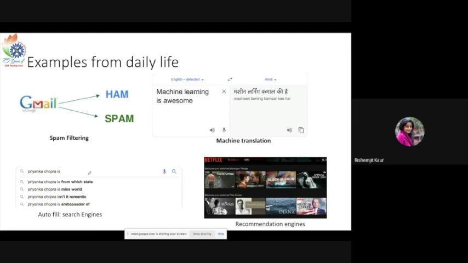And then, these days when we write in the search engine, we have autofill options. For example, here I have an example of "Priyanka Chopra is", and it automatically gives me a certain set of options: from which state Priyanka Chopra is, Miss World, Priyanka Chopra isn't romantic. So this is another example where machine learning is being used behind the scenes.